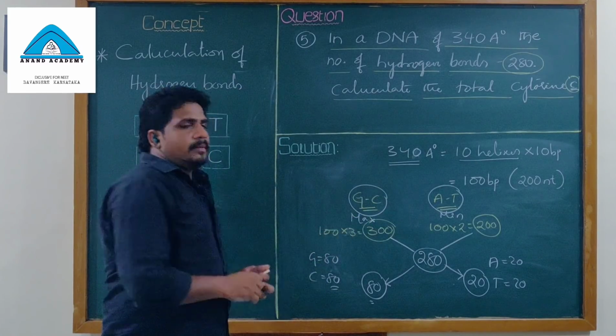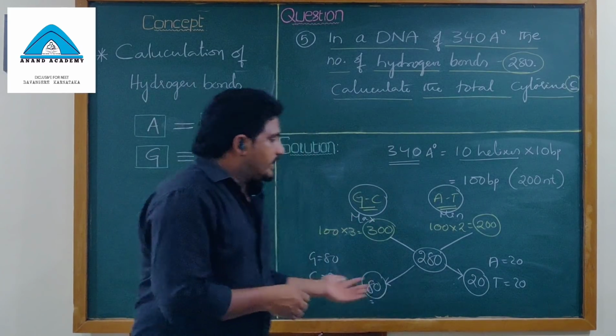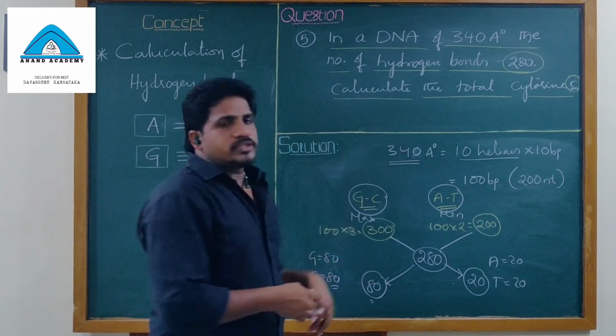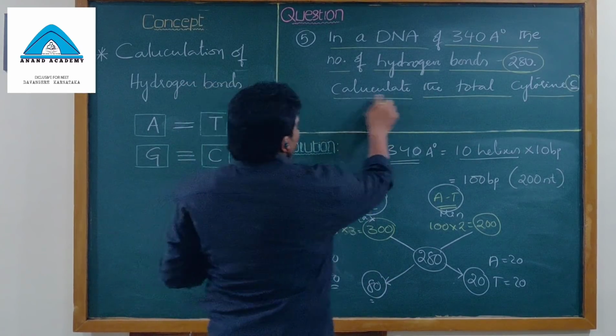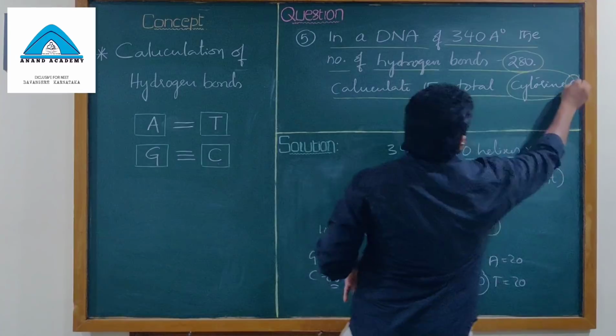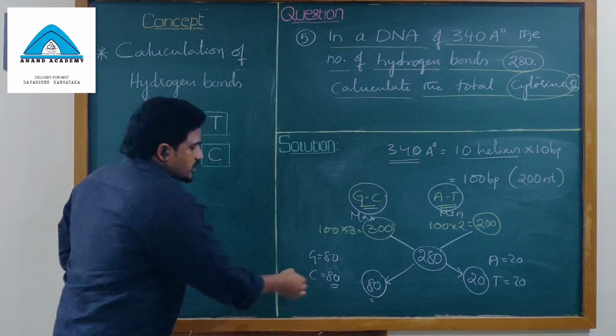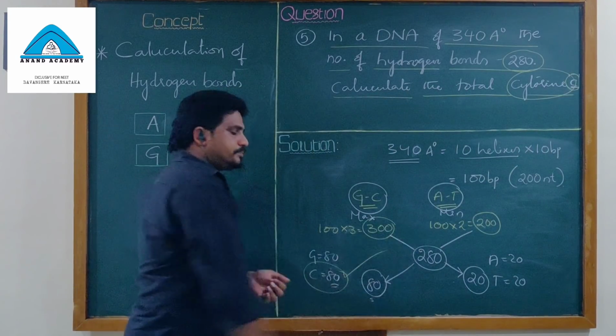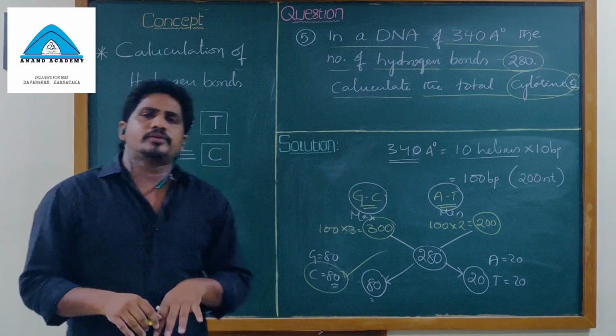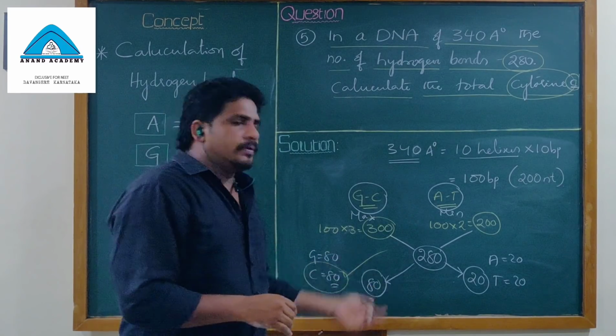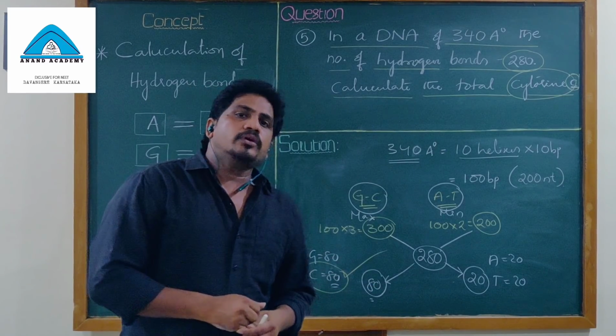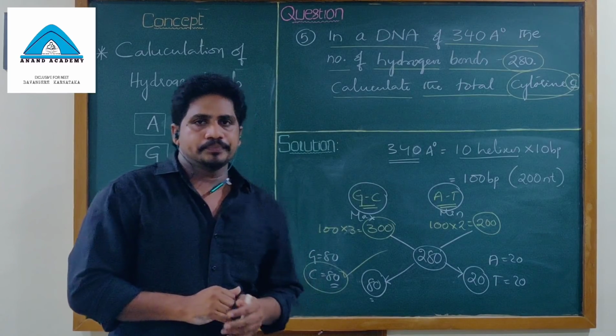This is how, with the help of cross subtraction, we get the data very easily. Now see what the question is asking about. Calculate the total cytosine. In GC combinations, cytosine is 80. So very easy. No need to apply any other formula. This simple cross subtraction helps you get the answer quickly.